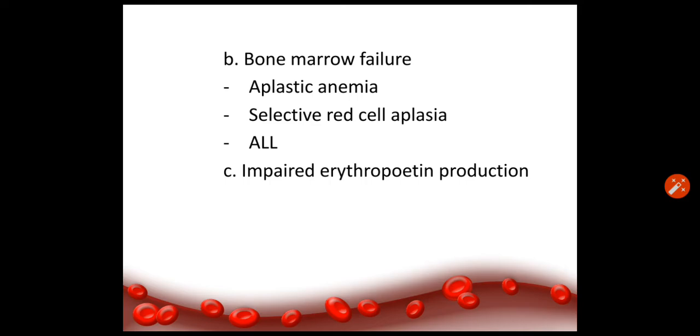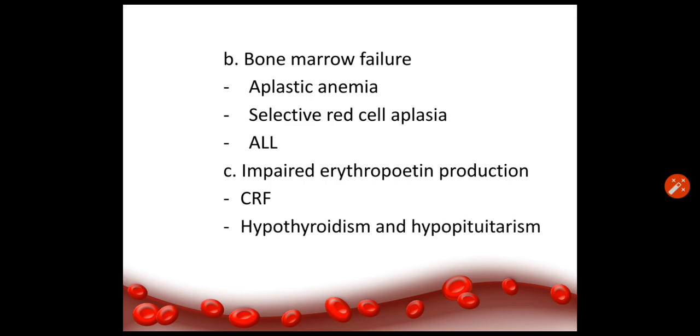So again the RBC production is impaired because of impaired erythropoietin production. The conditions include chronic renal failure, hypothyroidism and hypopituitarism, and chronic malnutrition. So all of these lead to impaired erythropoietin production, in turn resulting in impaired RBC production, and can lead to anemia.